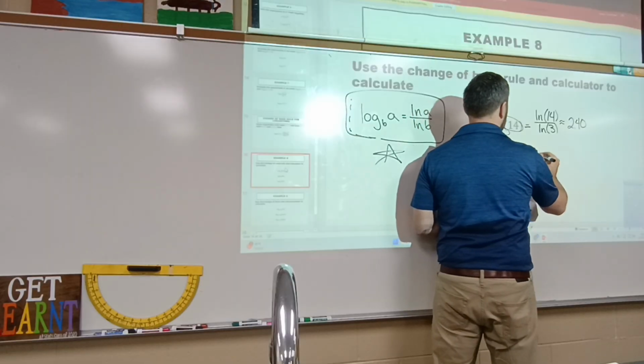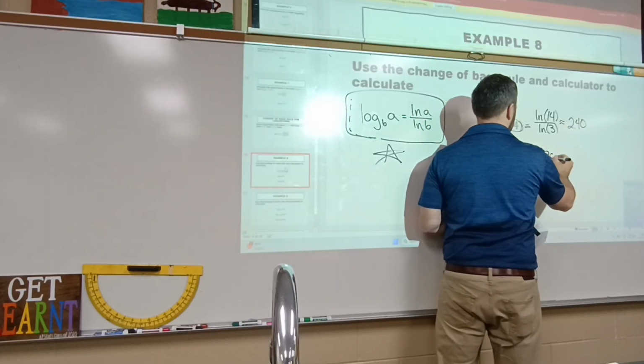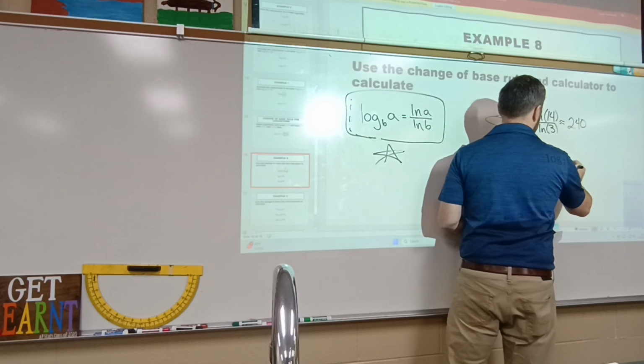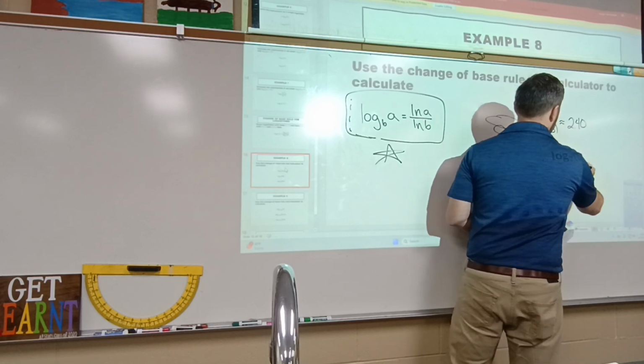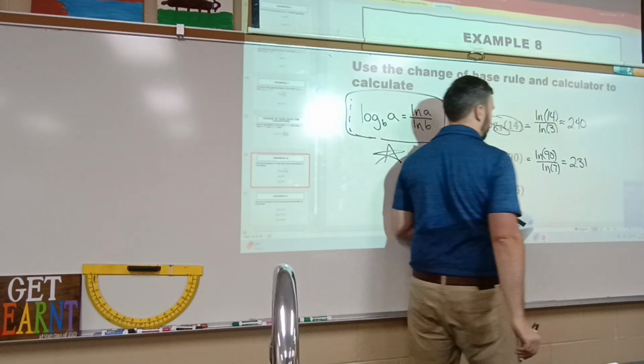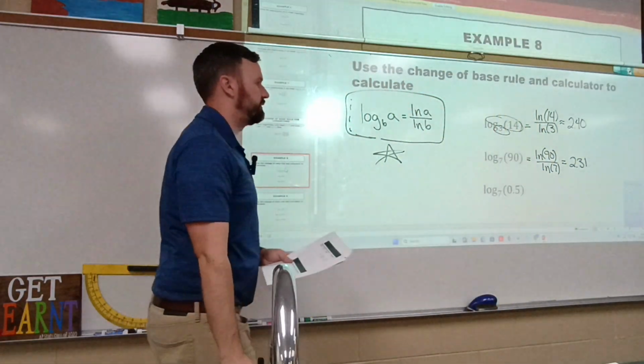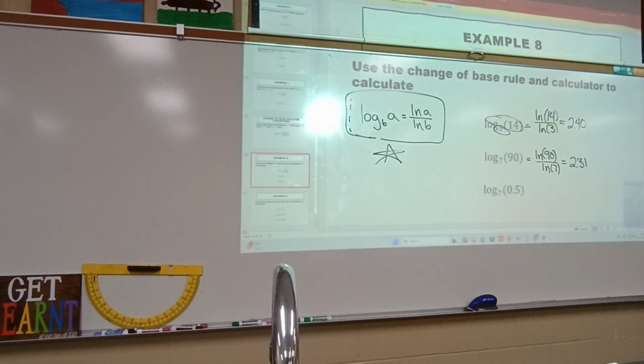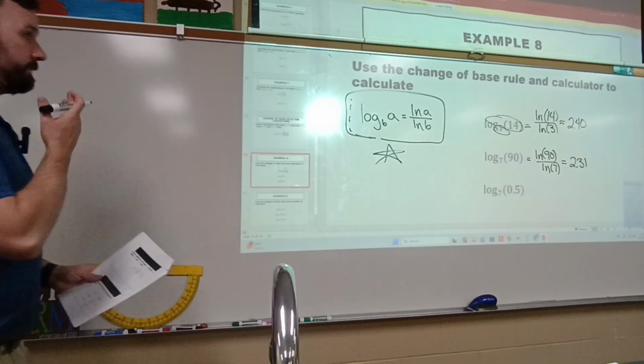So this piece would be natural log of 90 over natural log of 7. That gives .31. Try it out. See how that's a lot less work? So if you forget your exponent rules and you have a calculator, or forget some of the rules, you could get there by doing it this way. Okay?